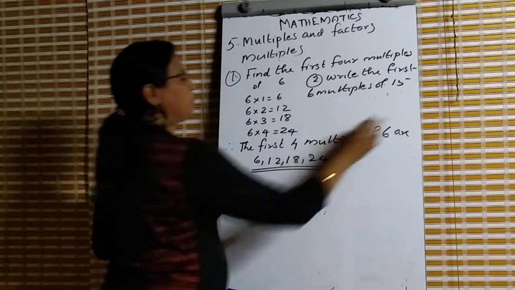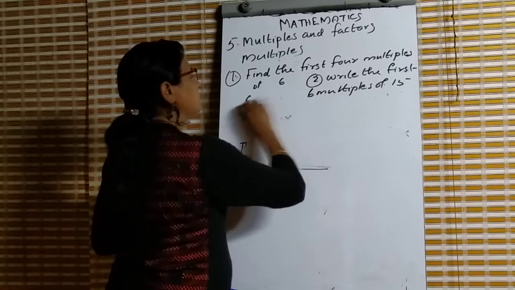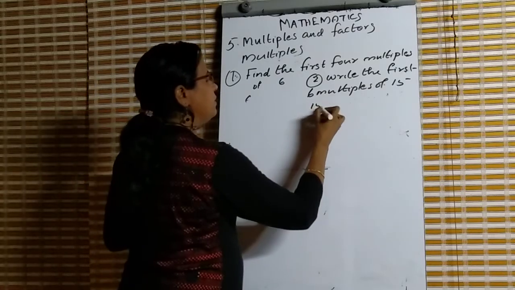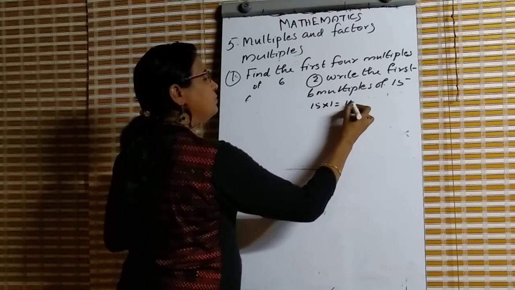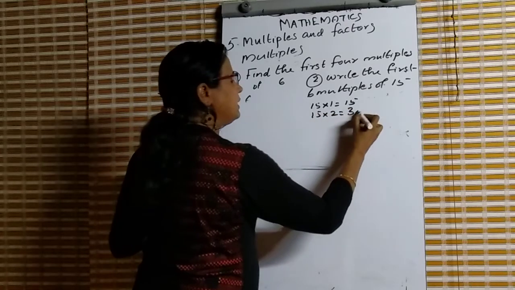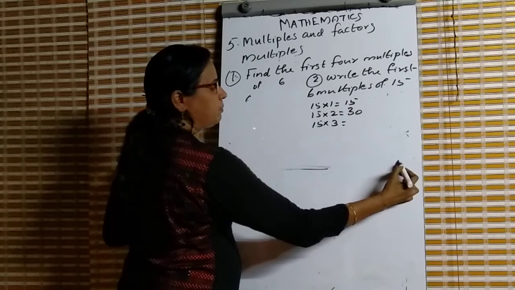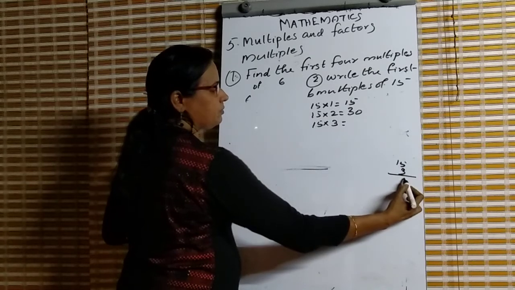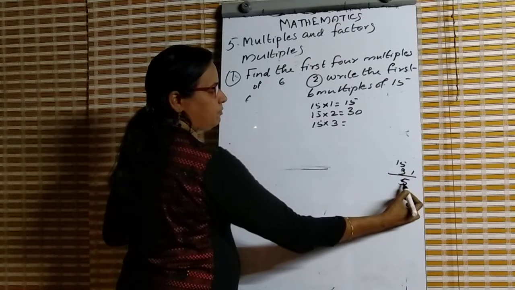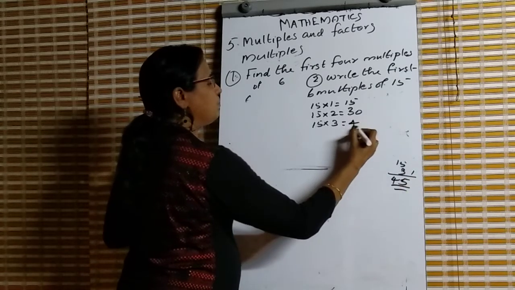Solution. 15 into 1 is equal to 15. 15 into 2 is equal to 30. 15 into 3: 5 3s are 15, 5, 1 balance. 1 into 3, 3. 3 plus 1, 4. So 45.